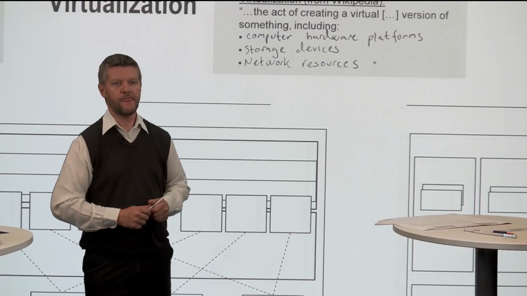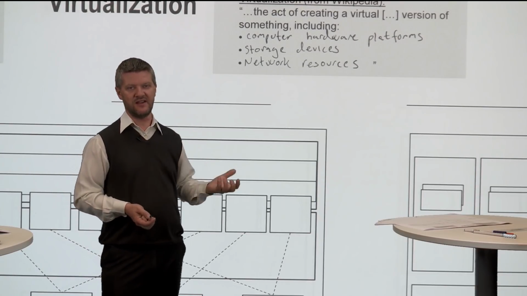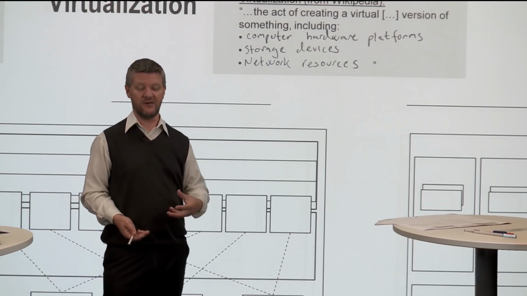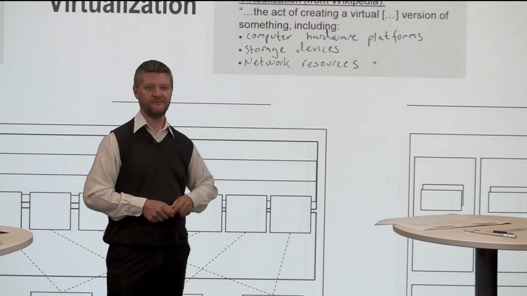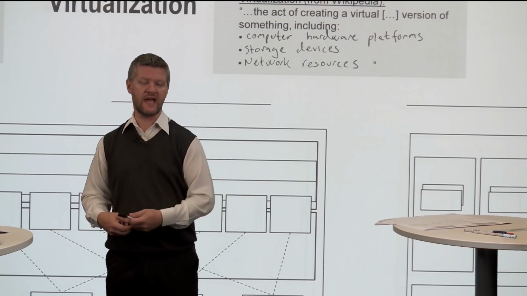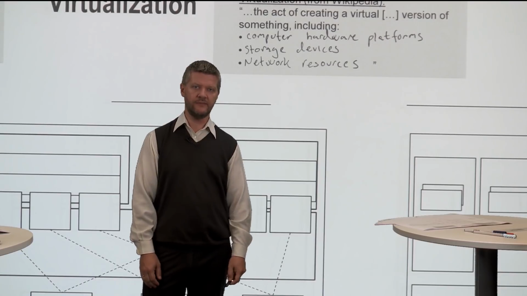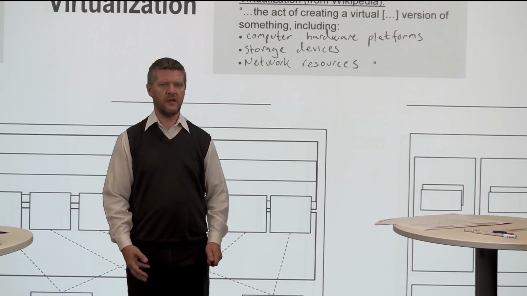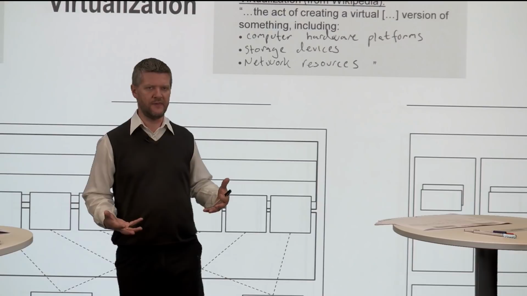So network resources, that's essentially an example of what I just said, a VPN, a cable that behaves like a long cable but is actually some other technology along the way. So that's the baseline here.